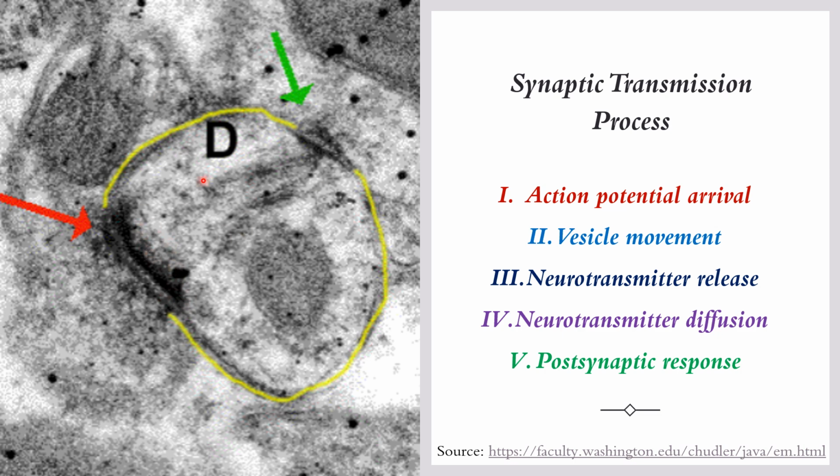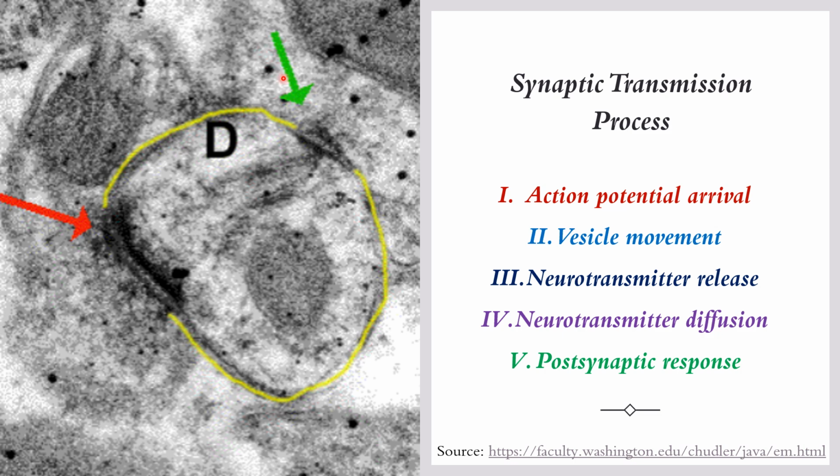It is made with an electron microscope, and we can see the synapse represented here. So with the red arrow there is a synapse, and those black dots are the vesicles that are coming to the terminal and will diffuse in the synaptic cleft.